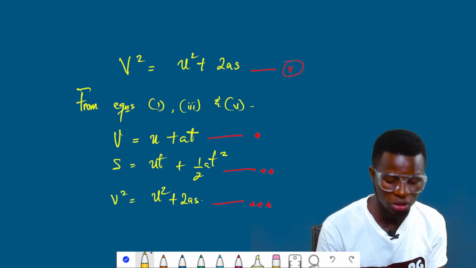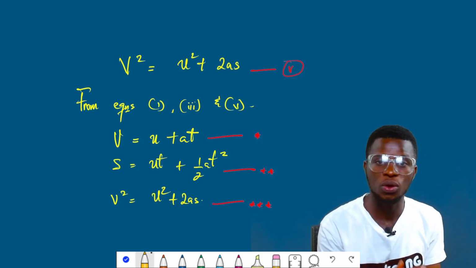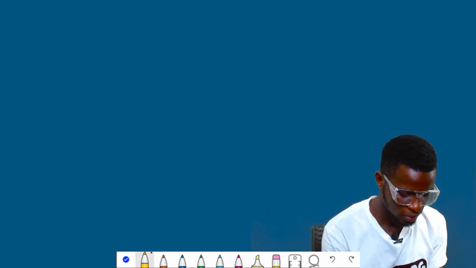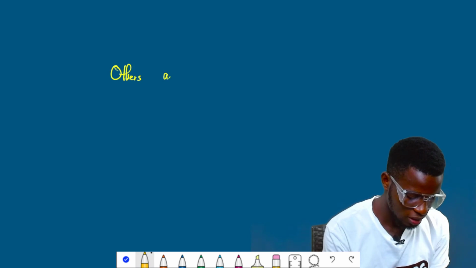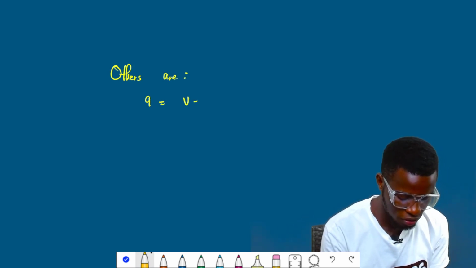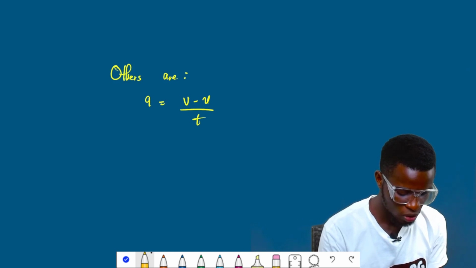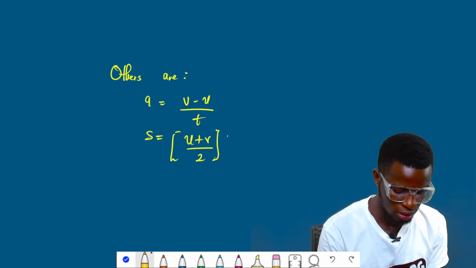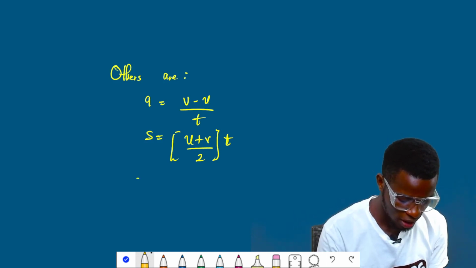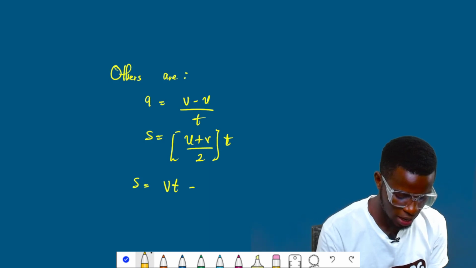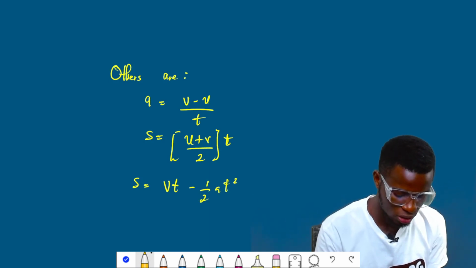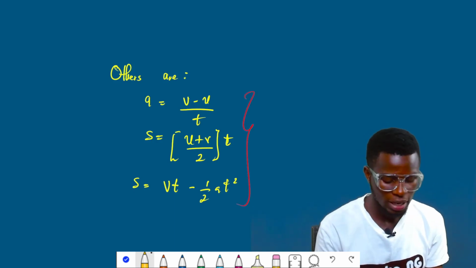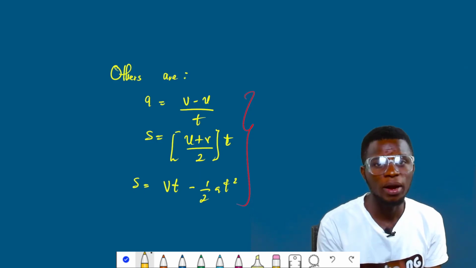Other equations can be derived from these, as we saw: a equals v minus u over t, s equals (u plus v) over 2 times t, and s equals vt minus half at squared. These equations are also very important depending on the parameters given.